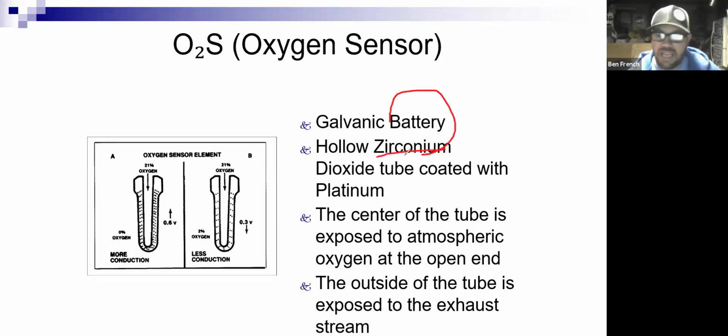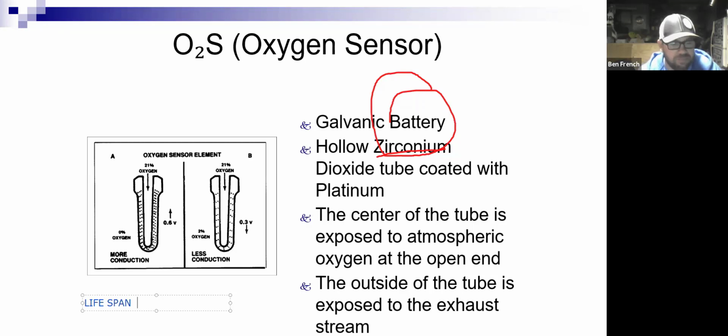Basically, they act like a little tiny battery. Somewhere on my workbench I had a little AA battery, and it's rolled off my workbench, but they basically act like a little battery. And just like a little battery, little batteries can die out. Well, so can O2 sensors. O2 sensors do have a lifespan.